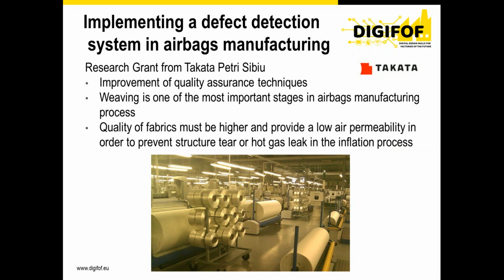After the production of the weft, of course, there is another stage that I pointed out. Here they will make a coating with silicone of the weft in order to provide a low air permeability of the weft, and the airbag will be like a balloon, but not a balloon that remains inflated.